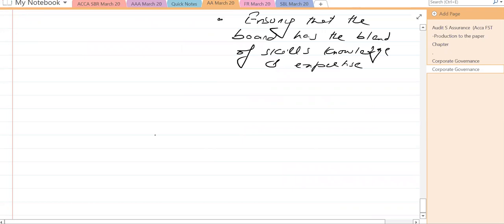And then the risk committee, which mainly consists of NEDs and some EDs as well for again technical support. It deals with risk management, so there is no need to write that.